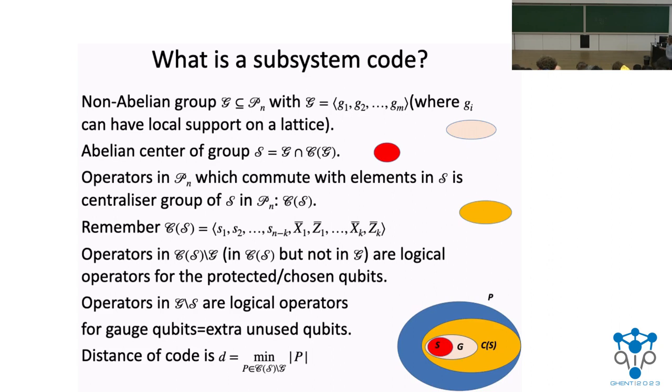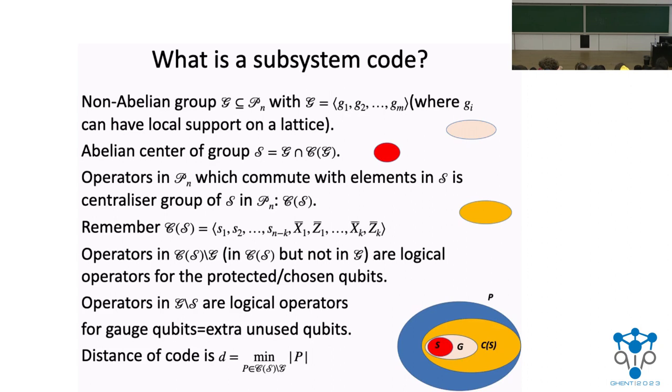But then I can say, well, what about this G now? Because I'm measuring those. If I'm using all the logical qubits that this stabilizer code encodes, I'll be measuring properties of logical qubits. So there should be some separation, where there are operators out here which are not in this G, and those are my real logical qubits that I want to protect the information in.